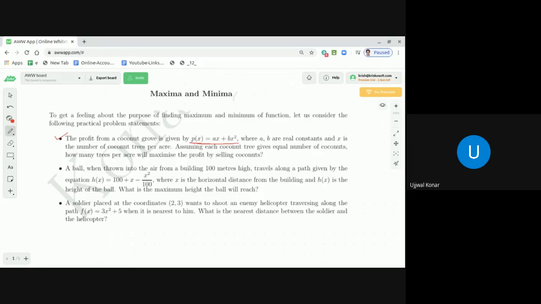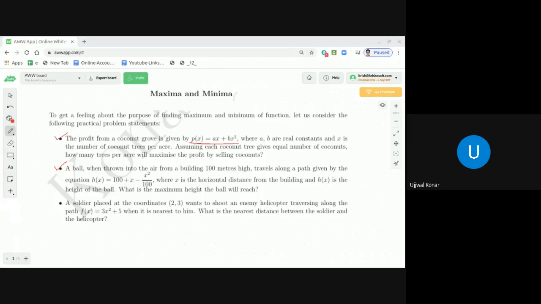Let's take the second one. A ball, when thrown into the air from a building 100 meters high, travels along a path given by the function h(x) equal to 100 plus x minus x square by 100, where x is the horizontal distance from the building and h(x) is the height of the ball.